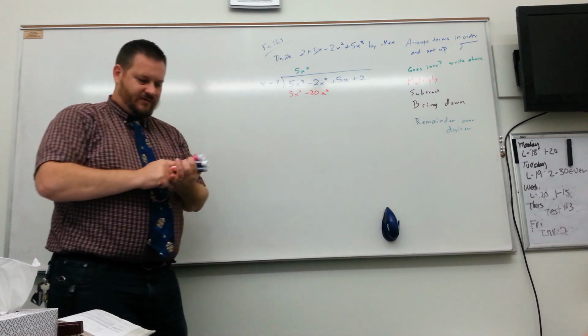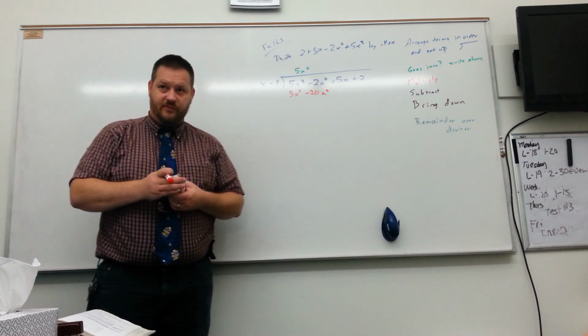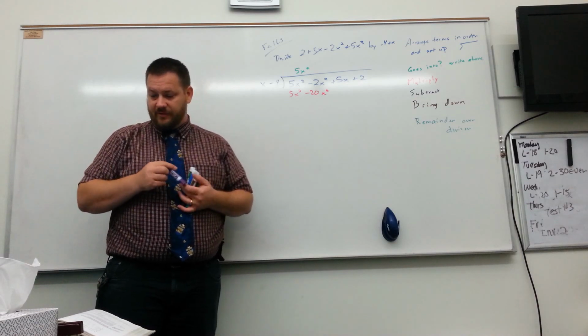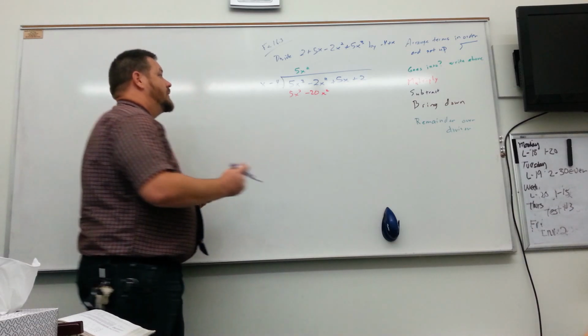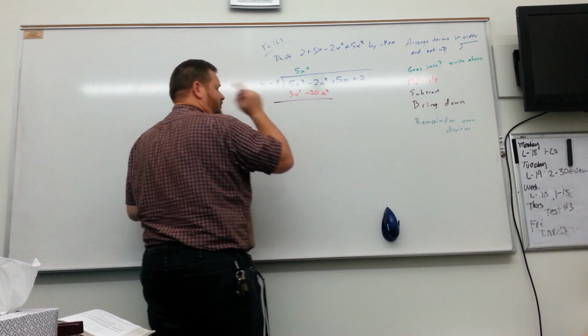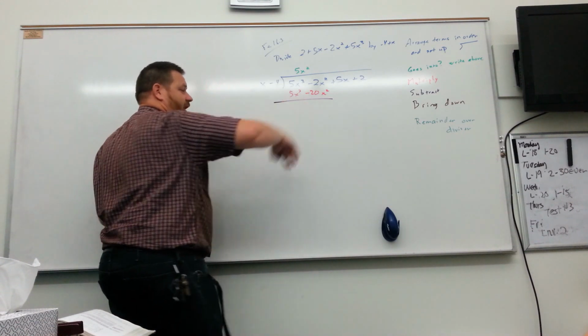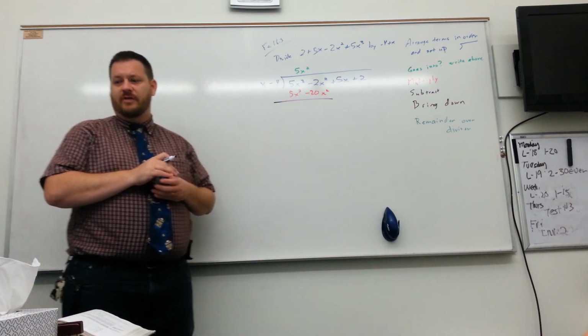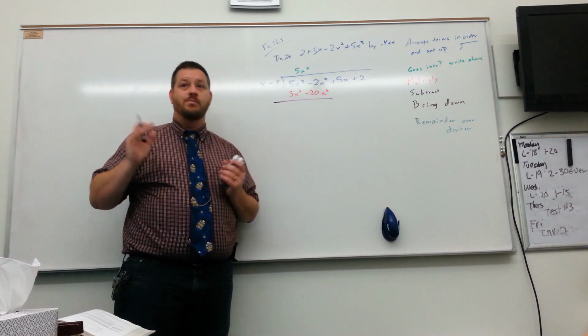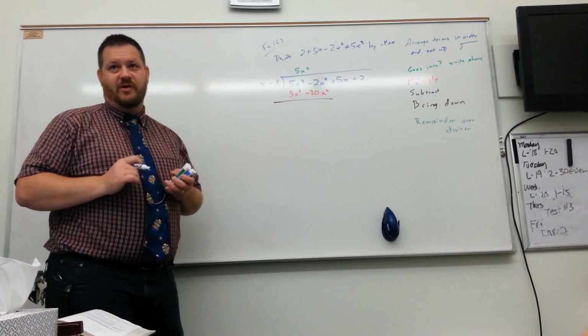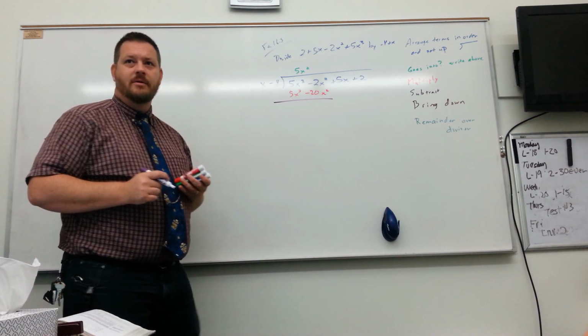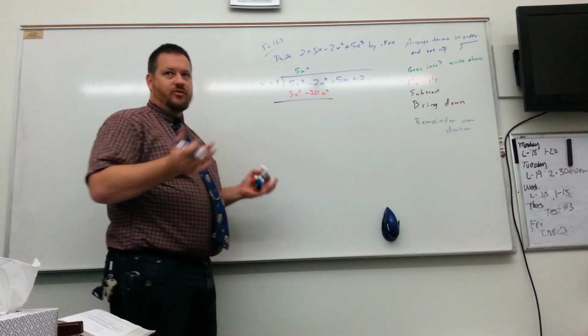Now, here's this next part. I teach it differently from the way the book has it. The book says to mentally change the signs and subtract. I'm telling you, write it down. Otherwise, you're going to lose track of things.